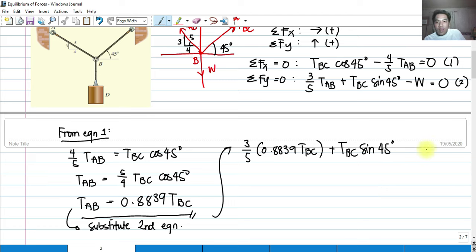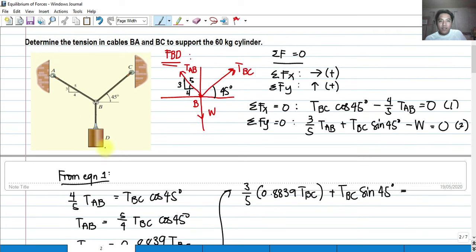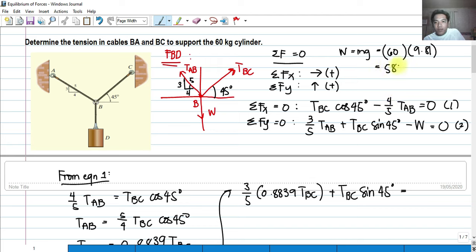And then if we transpose W to the right side, we have our weight. By the way, the weight can be computed by simply mg. So we have 60, the mass of our cylinder, multiplied by 9.81, and that would be 588.6 newtons.